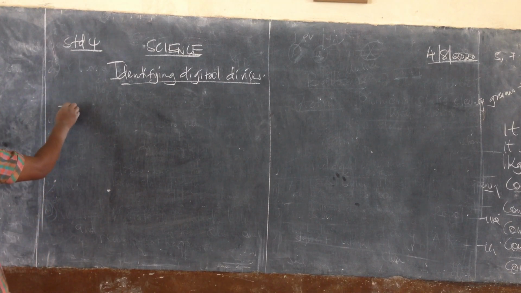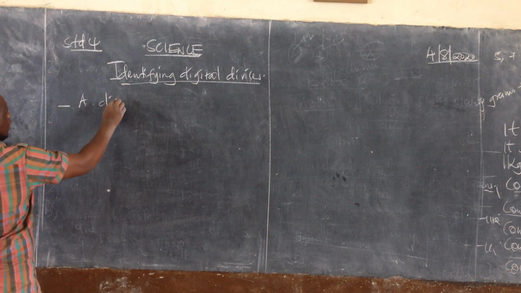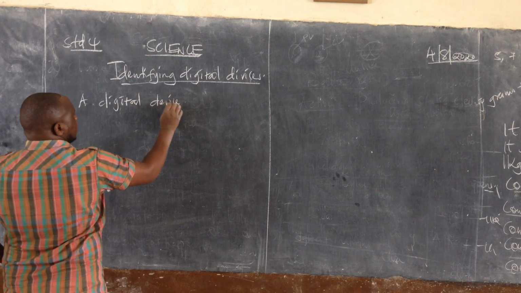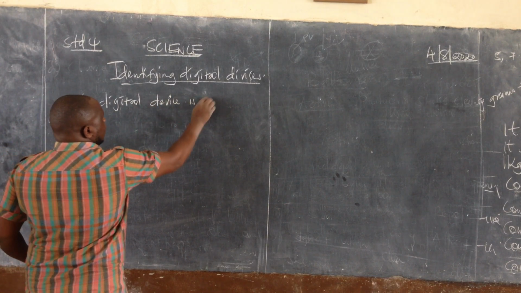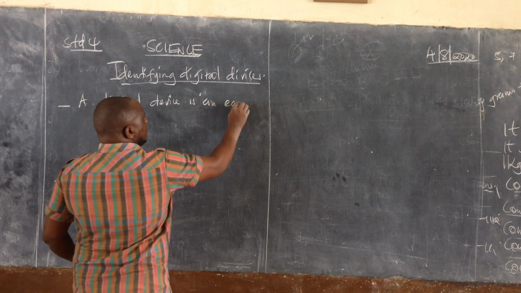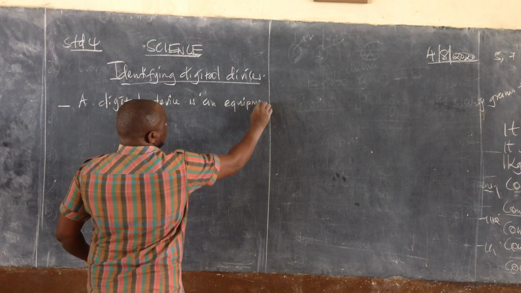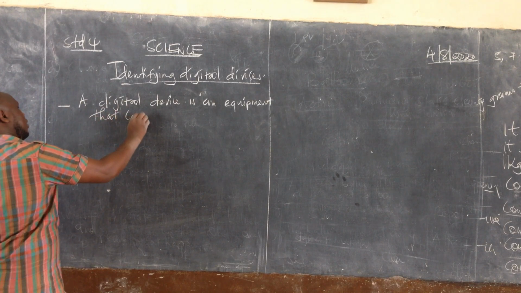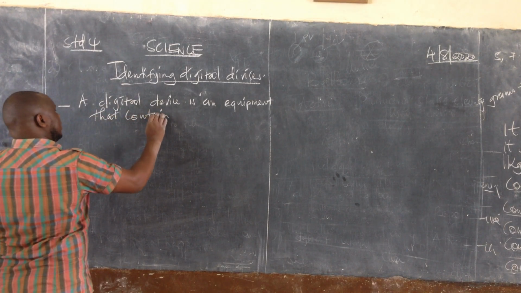So let's write that, learner. A digital device is an equipment that can contain a computer.